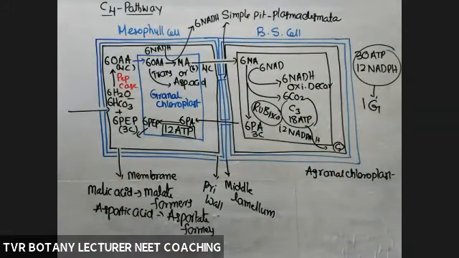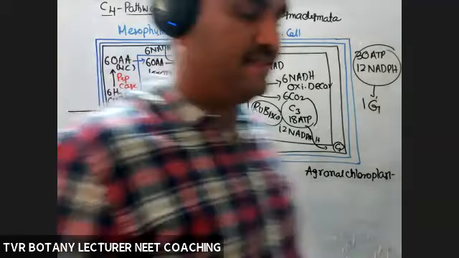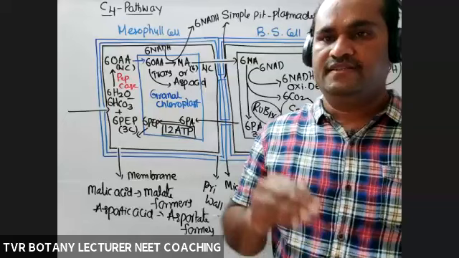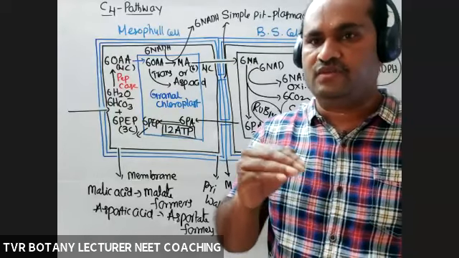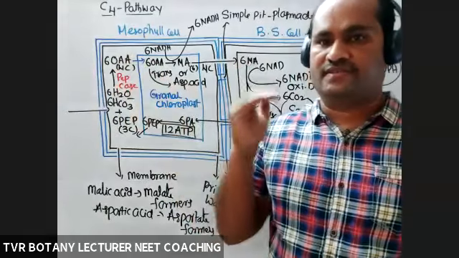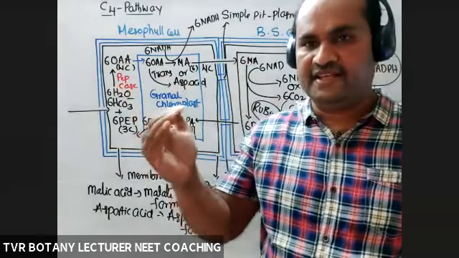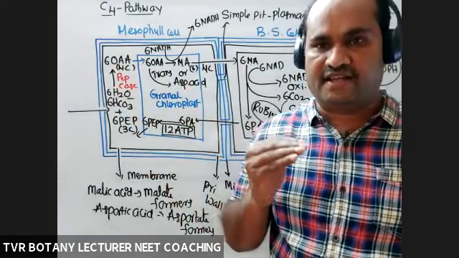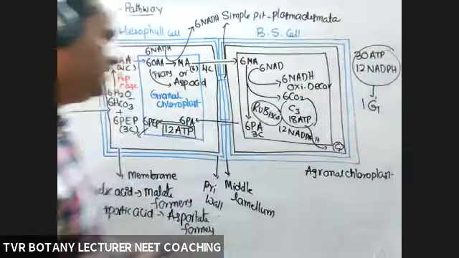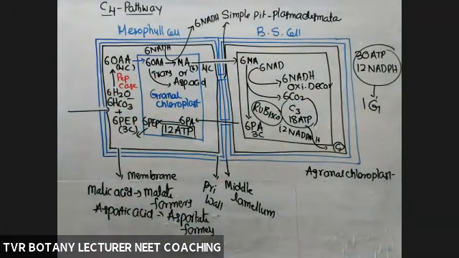So according to evolution, as the C3 cycle is suffering from photorespiration, the C4 cycle was evolved to supply or to maintain CO2 concentration in the area or site where the C3 cycle is operated.